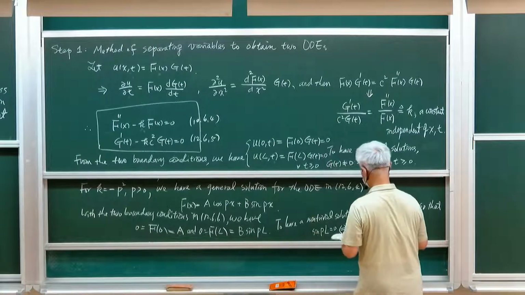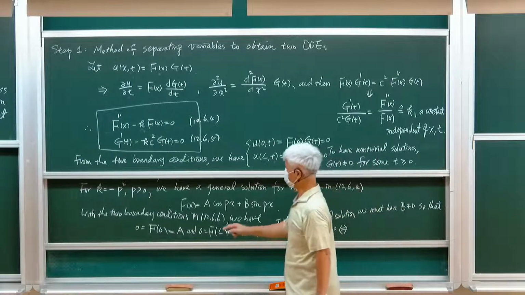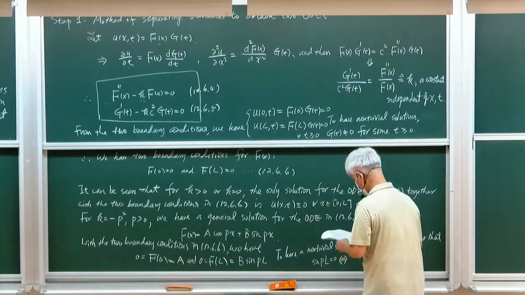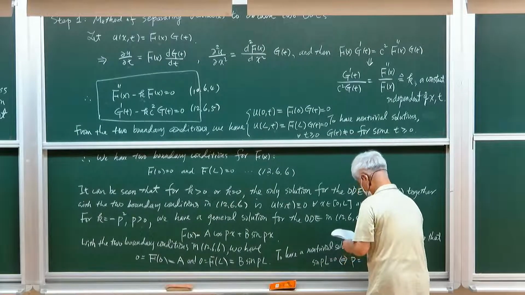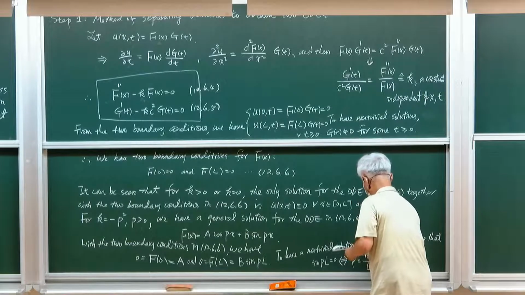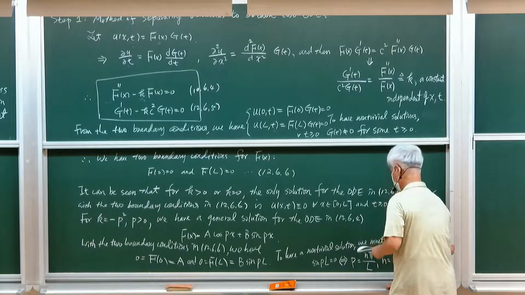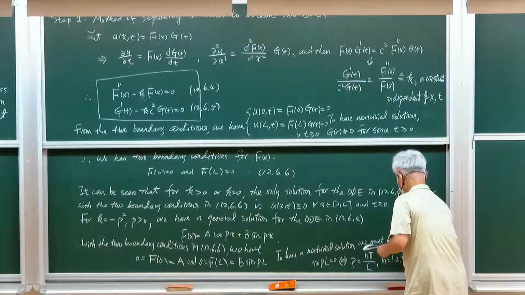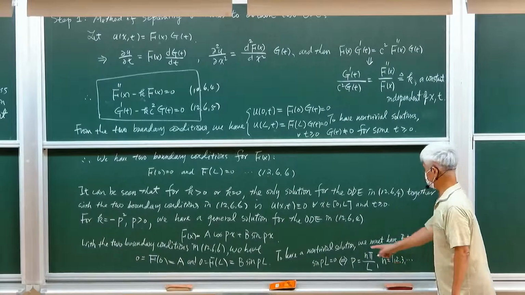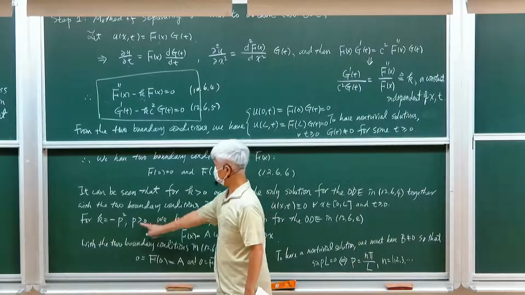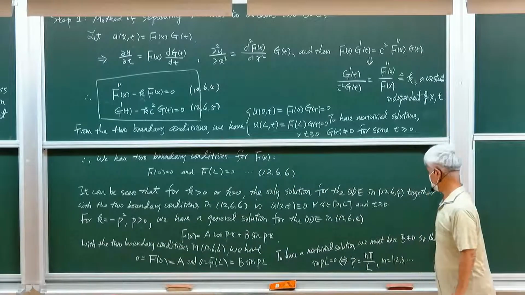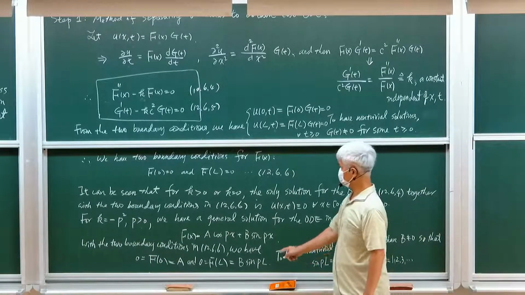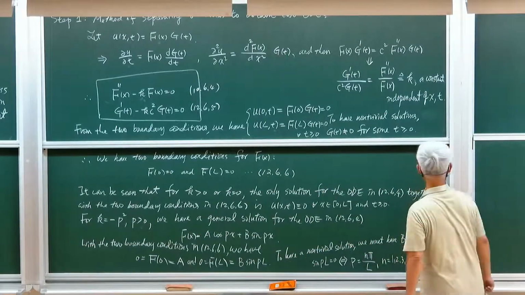Because p is positive as we specified, this means that p is equal to n pi divided by L, and n is equal to 1, 2, 3, etc. When p takes these numbers, we will have a non-trivial solution.